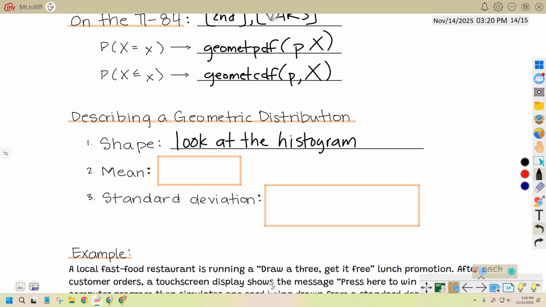Just like the binomial, geometric gets shortcut formulas for its mean and standard deviation. For the mean, it is the reciprocal of the probability of success, 1 over p. For our lucky day game, the probability of success was 1/7. What is the reciprocal of 1 over 7? 7.